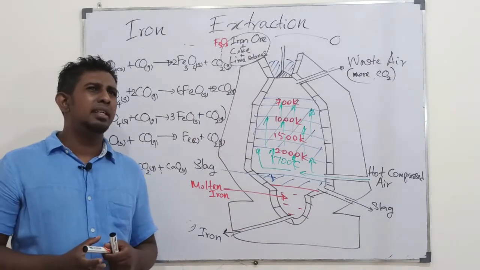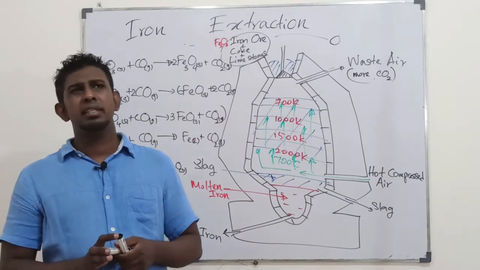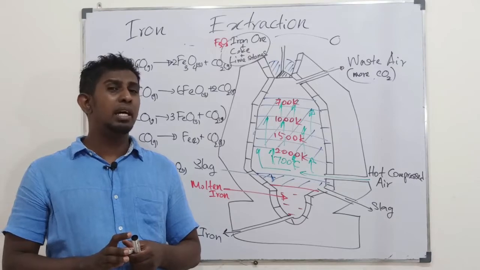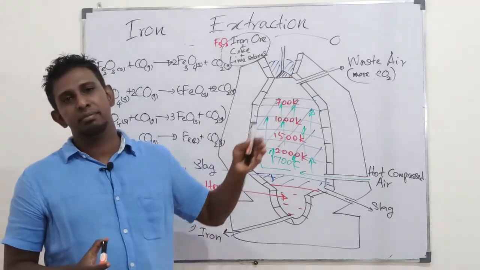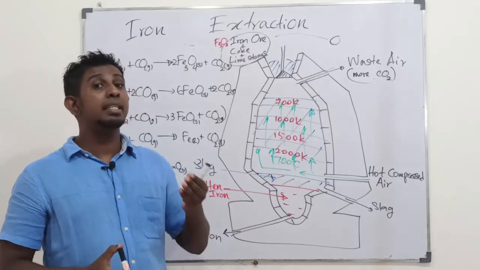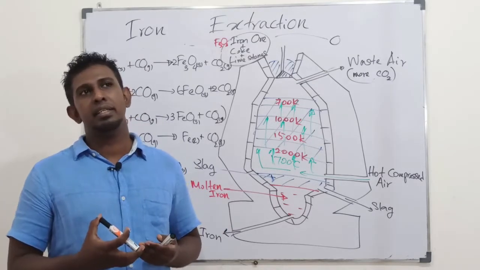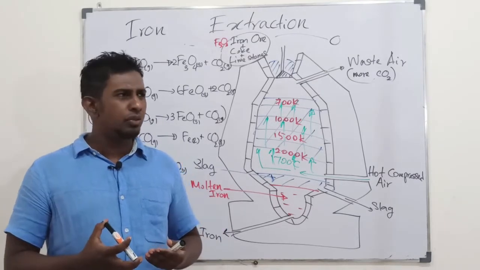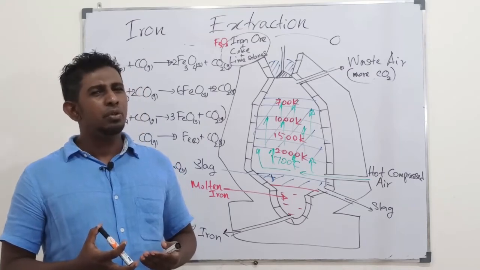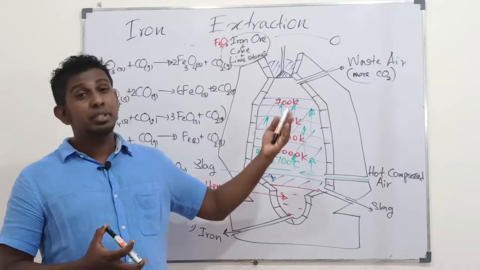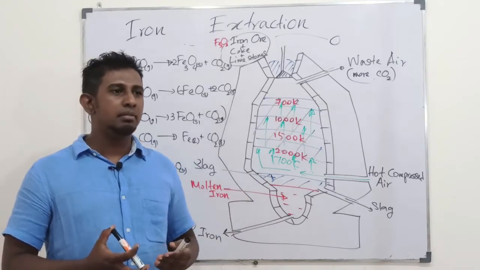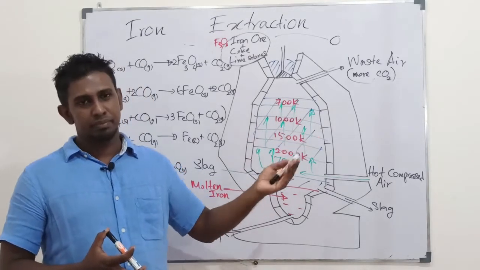Anyway, it causes an increase of carbon dioxide in the environment through this waste air. So in the blast furnace, it's one of the environmental disadvantages. So we need to seek some options to reduce this carbon dioxide yield or waste.